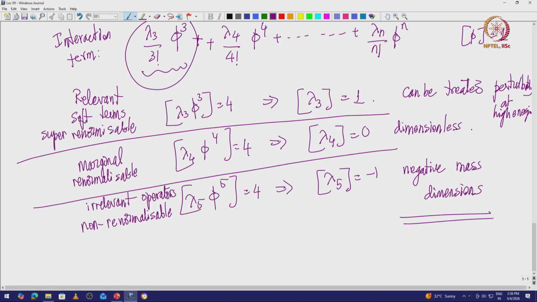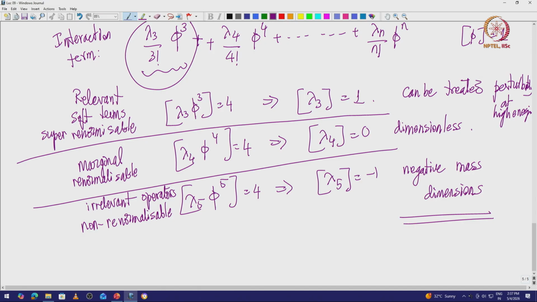Okay. So depending upon the coupling constant, you see that there are three classes of interactions you can think of. One with relevant operators, another with marginal operators, and the third one is irrelevant operators. And we will deal with all of them perturbatively.